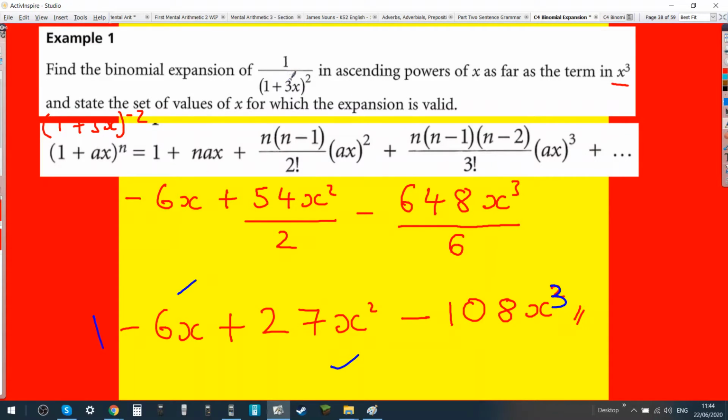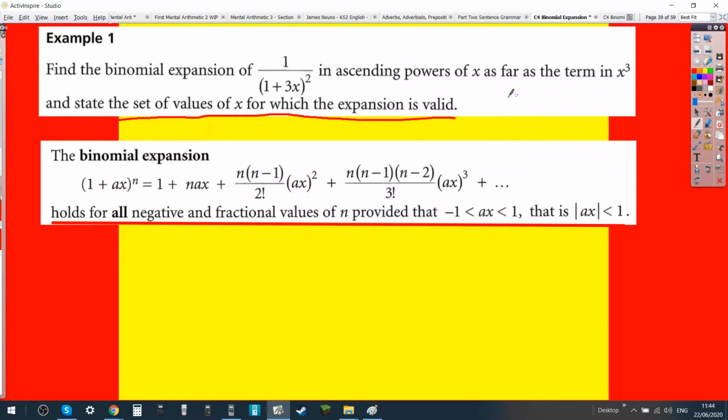This is only valid for certain values of x. In this case, when the magnitude of 3x is less than 1. So basically it's a fraction. So what would that be for the magnitude of x? Like a third or something. Yeah, when the magnitude of x is less than a third. So these are only true when the magnitude of ax is less than 1.